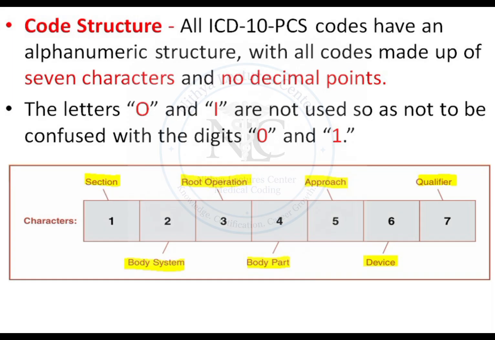Now let's see the 7 characters and what they denote. The first character is section, second character is body system, third character is root operation, fourth character is body part, fifth character is approach, sixth character is device, seventh character is qualifier.